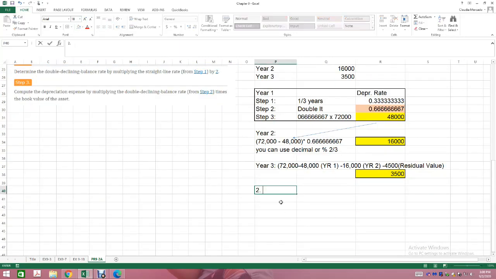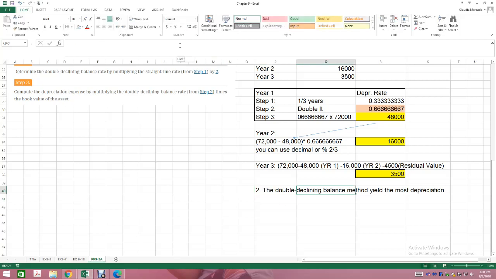For requirement 2, the double declining balance method yields the most depreciation for year 1 of $48,000.